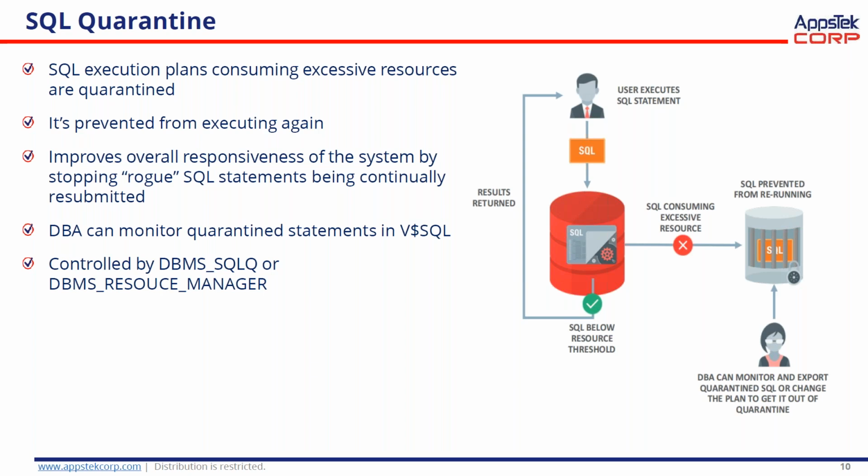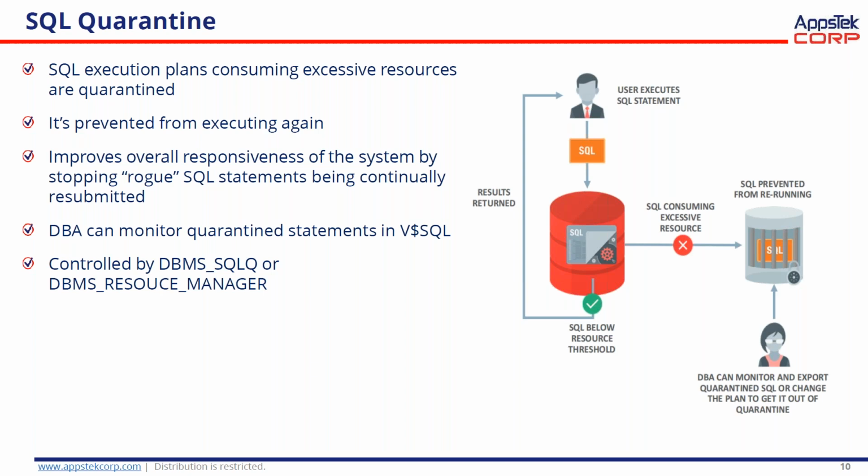When we execute a SQL, if we set a limit, say that any query taking more than 10 seconds or 15 seconds, Oracle will automatically quarantine that query, protecting the system from runaway SQL statements. An execution plan that exceeds Database Resource Manager limits is automatically quarantined, and it improves the overall responsiveness of the system by stopping rogue SQL statements from being continually resubmitted.